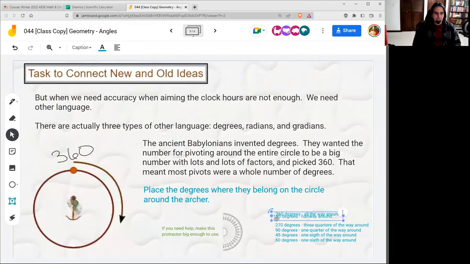So I can take my 180 and stick it down there. Okay, what if I took my archer and spun it only a quarter of the way around? So I started here and just went a quarter of the way around.